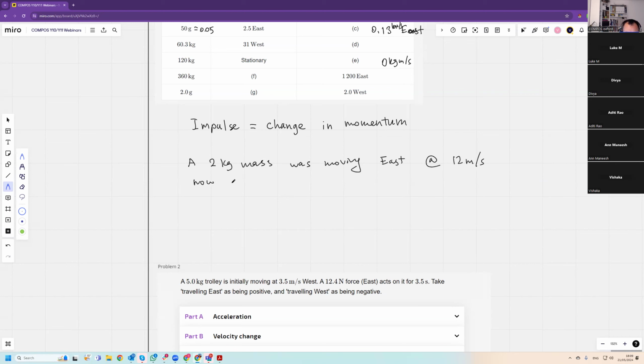Now it is moving west at 6 meters per second. Now it is important that the direction has changed.